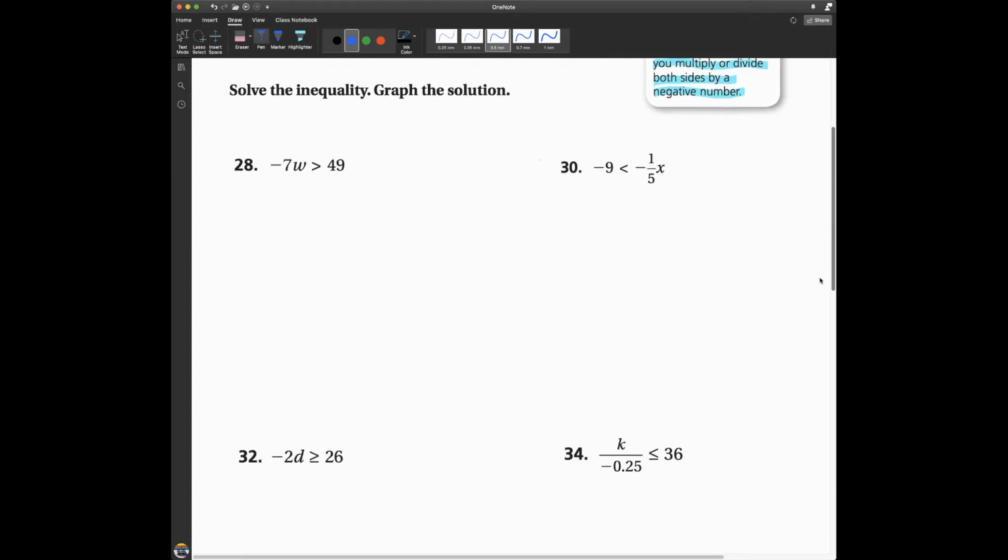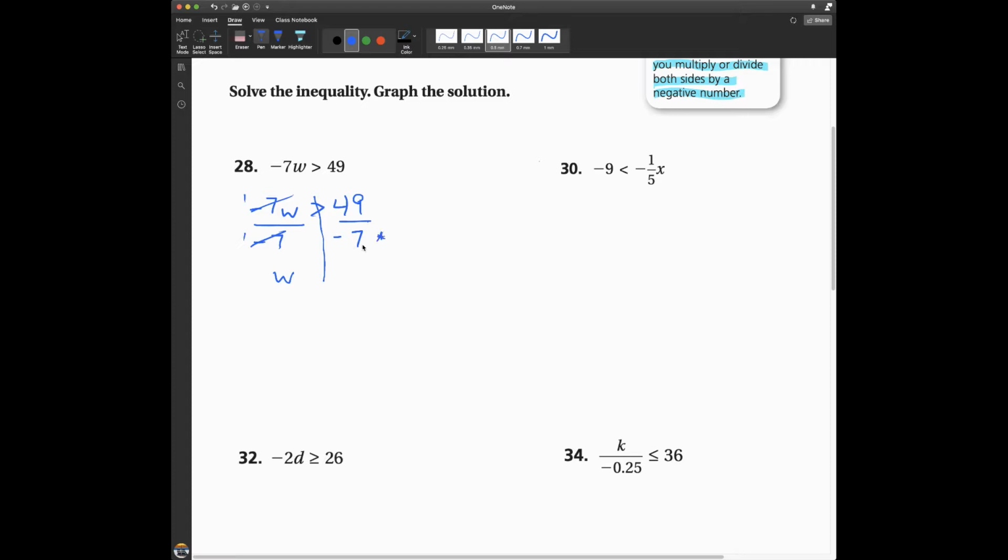So let's take a look at that. Here we have a problem: negative 7w is greater than 49. I go through my process. I want to get w by itself, so I divide by negative 7 on both sides. We're canceling, and I get w. Now look what I'm doing here.